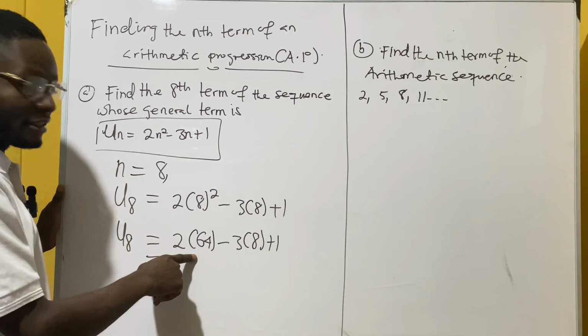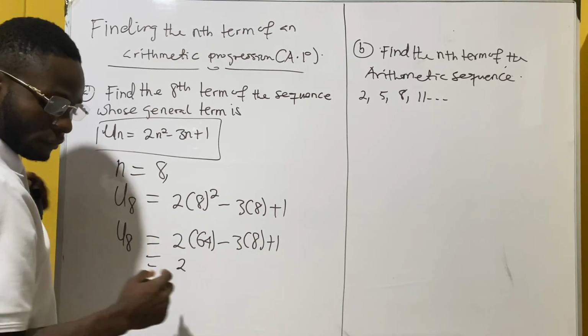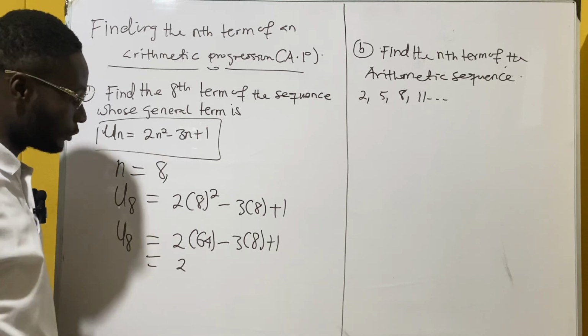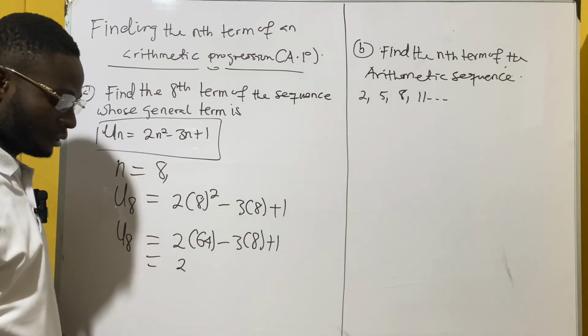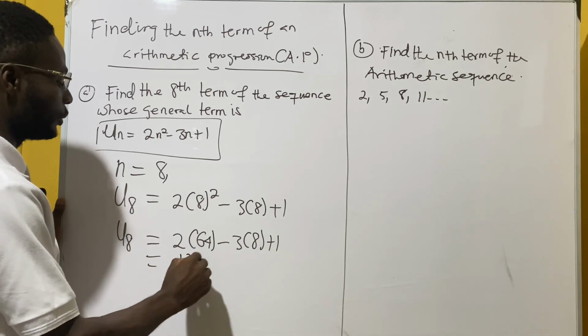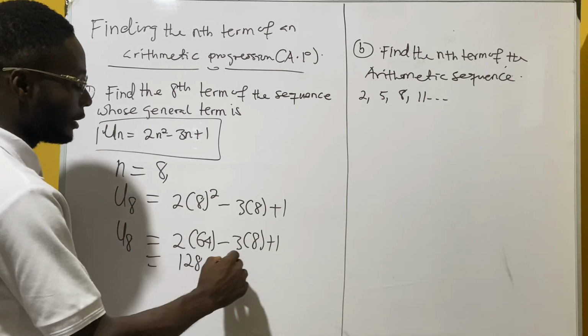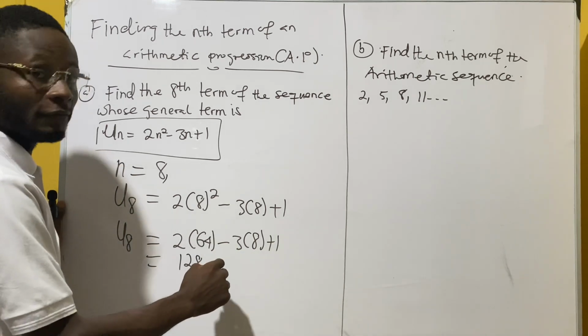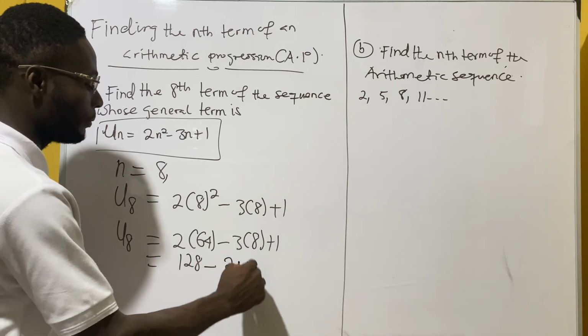So 64 times 2 is 128, minus 3 times 8, that is 24, plus 1.